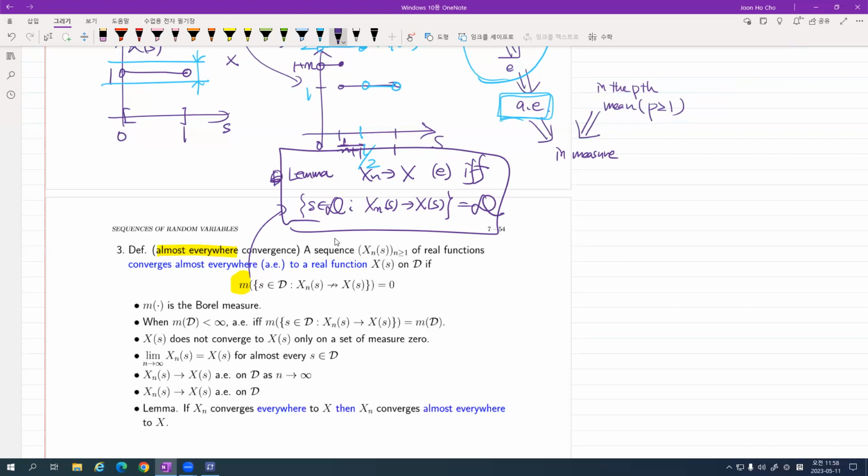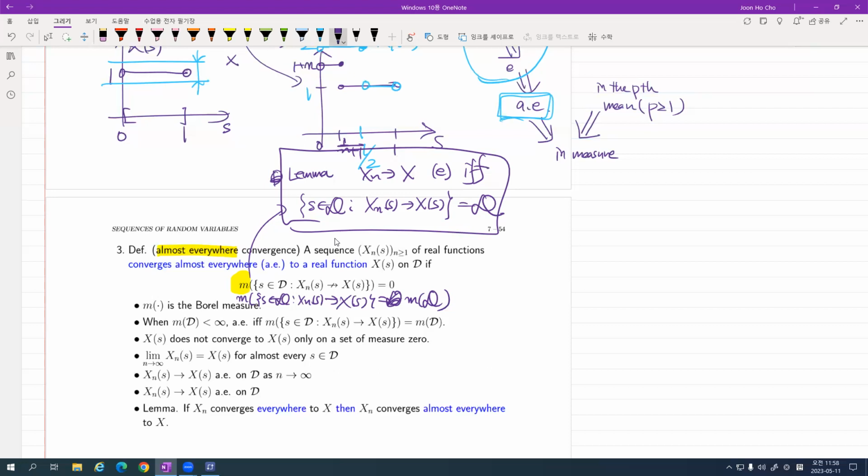So the definition would be that the measure of the set where it converges equals the measure of D. But be careful. The reason why we don't say this is that the measure of D may be infinite. That's why we love this equality.